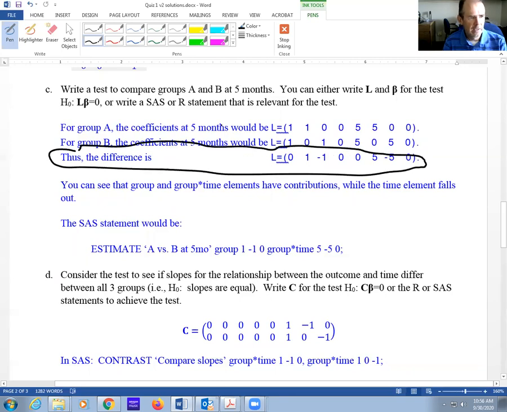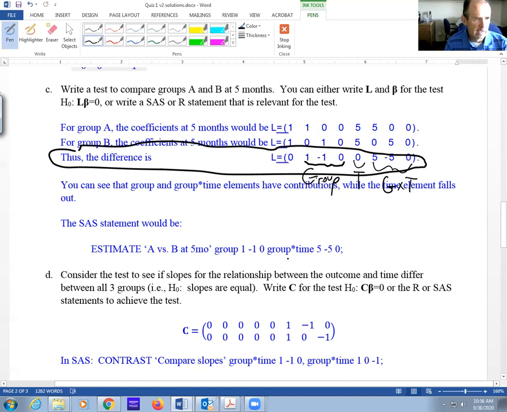But I did that by taking the difference at 5 months between group A and group B. Okay, let's do this. So this would be group, and then this is time, and this is group by time. If you write it generically, this is how it looks.